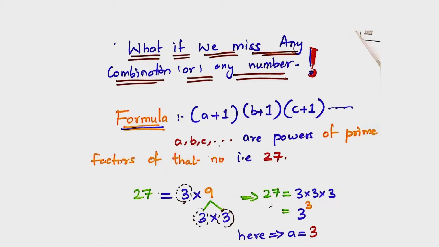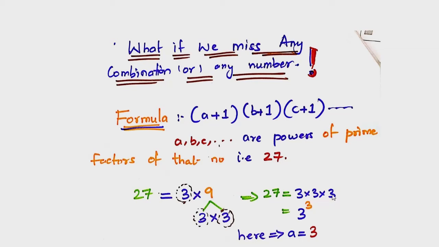In this case we have 27, and we got the prime factors. You get the prime factors and the powers of these prime factors, and the power of that prime factor is equal to 3. In this case, you just substitute 3 in the place of a.